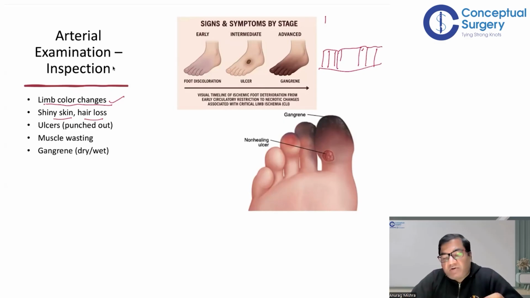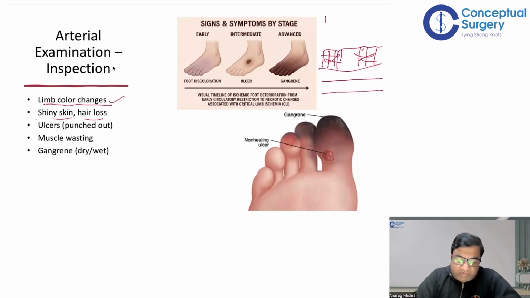These happen because of rete pegs, and this is why the skin is never smooth. It's never flat. But because of ischemia, these rete pegs are destroyed, which leads to very smooth skin, and these lines are lost, and that causes the skin to be shiny. So shiny skin here is a sign of ischemia.